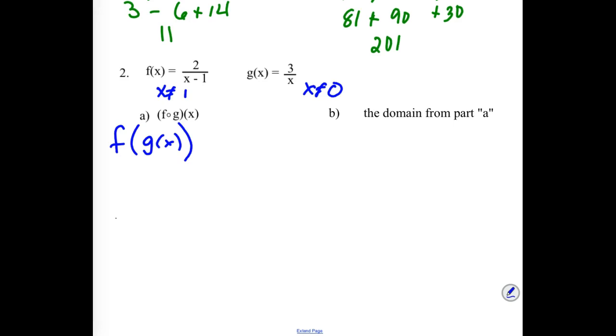So I'm going to write down function f, which is 2 divided by something minus 1. I always start with the first function that I see. Okay, I saw an f first. So I rewrote function f and just put a hole where the x was. Now I'm going to dump function g into that.